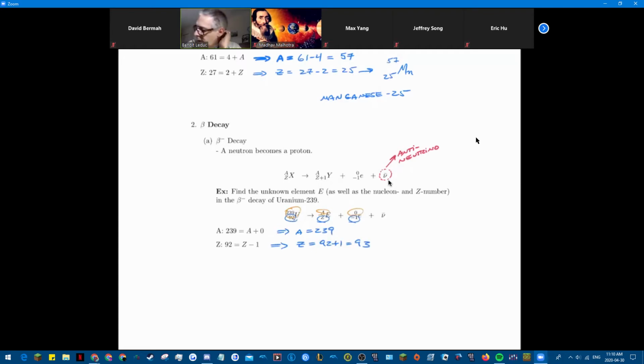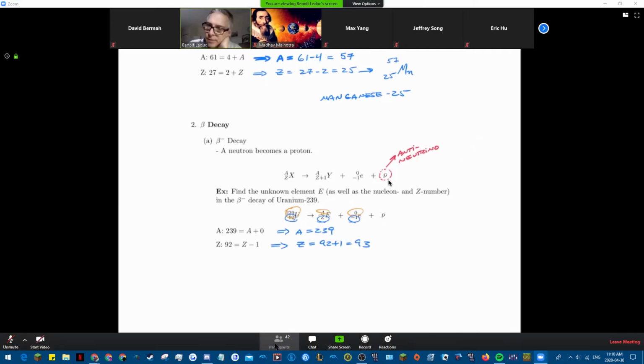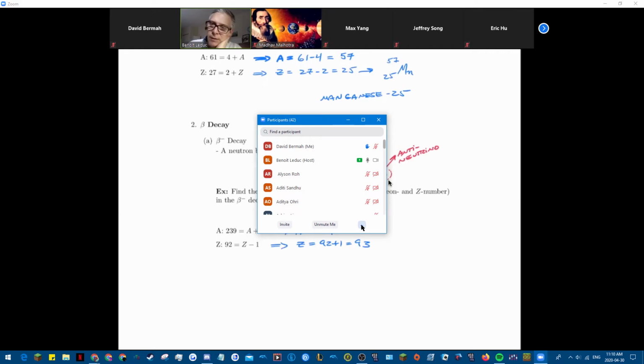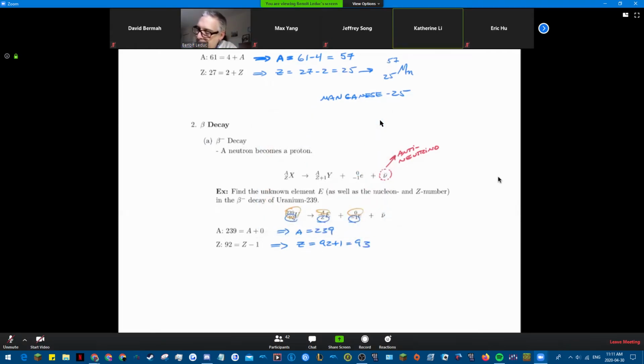So if you look up in your periodic table, what is element 93? Someone else? David already. Some other people, come on, it's easy. Who else? Yeah, Catherine. Neptunium.